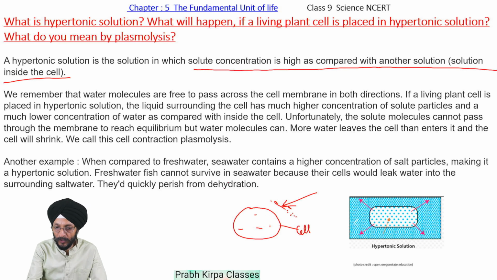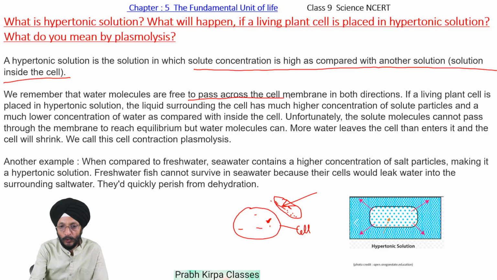We remember that water molecules are free to pass across the cell membrane in both directions. That is, water can come in as well as go out of the plasma membrane.